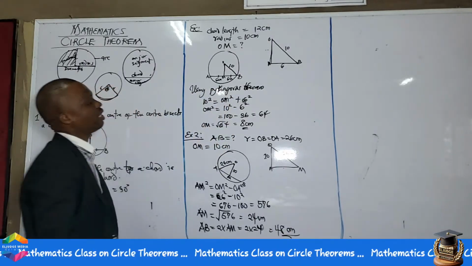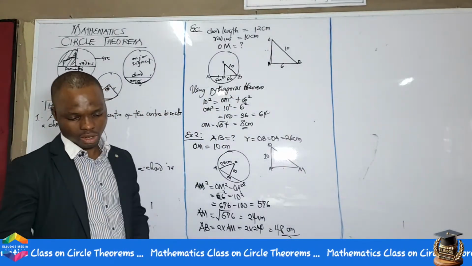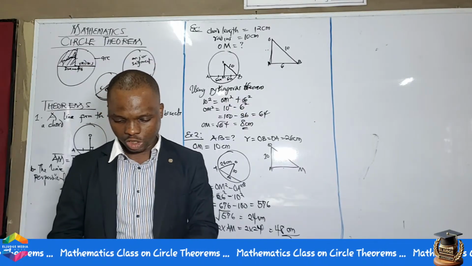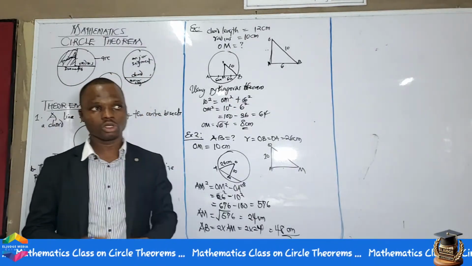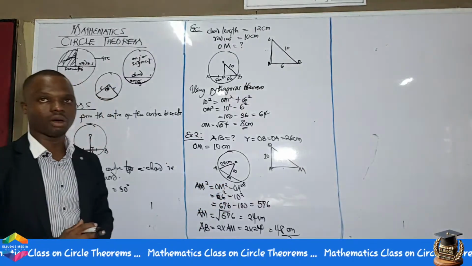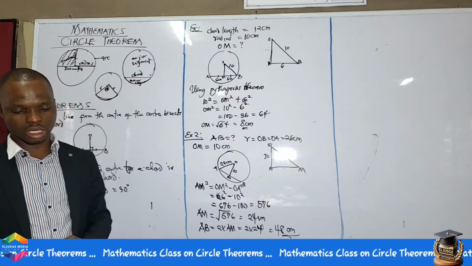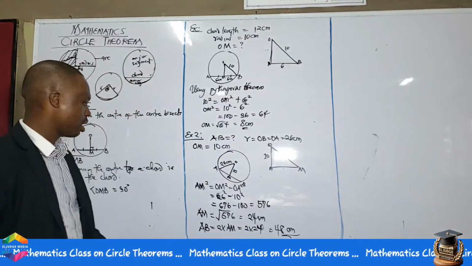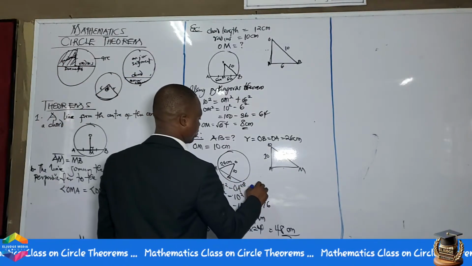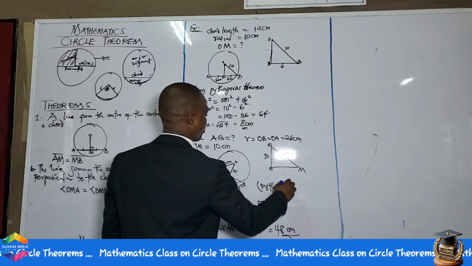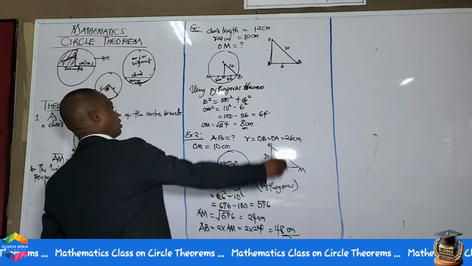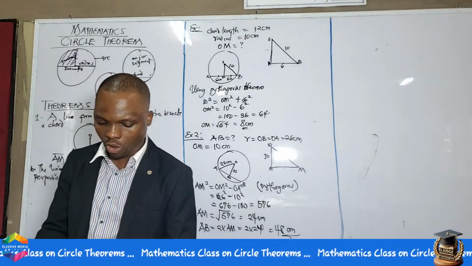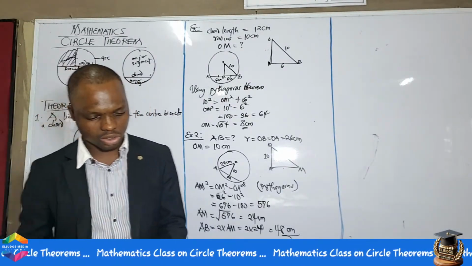So the length of the chord is actually 48 centimeters. Someone might put 24 and think he has gotten the answer. No, you have not gotten the answer. Please always write the reason for what you are doing. Pythagoras, when we are solving circle theorems, make sure you are giving the reasons for your answer. Let's move to the second theorem.